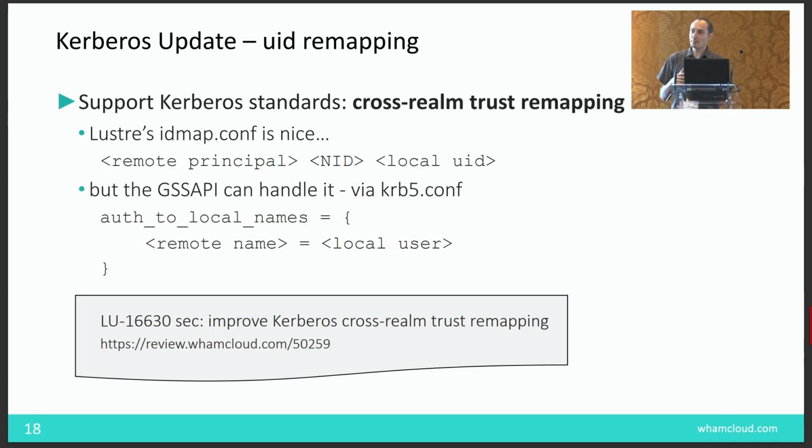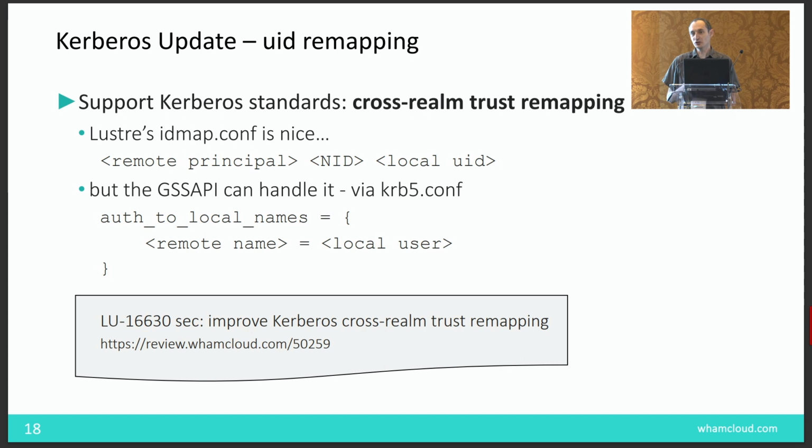Okay, so most parts of the rework I'm going to detail now aim at making Lustre more compliant with, let's say, standard Kerberos practices. So this one, I know Aurélien already mentioned, it is very commonplace to do UID remapping between the principal used by an end user to authenticate and the UID that is known by the MDS servers.